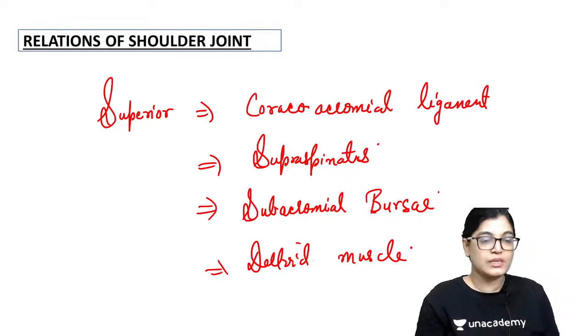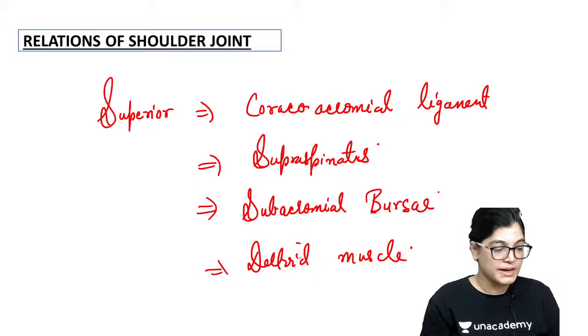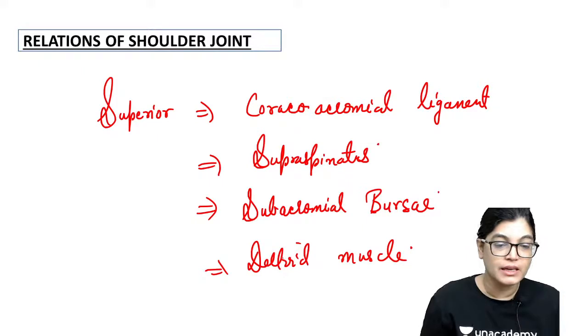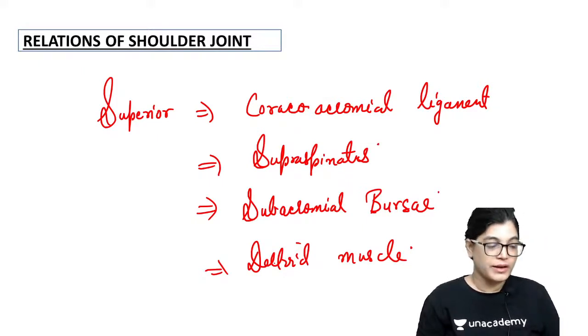So these are the relations lying on the superior aspect: coracoacromial ligament, supraspinatus muscle tendon, the subacromial bursa and the deltoid muscle.